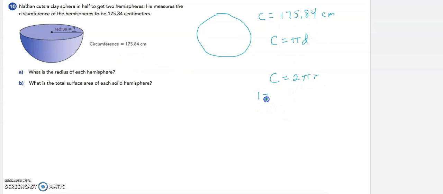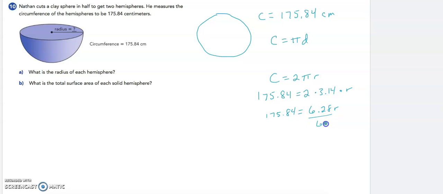So we have 175.84 equals 2 times 3.14 times r. 2 times 3.14 gives us 6.28 r equals 175.84.